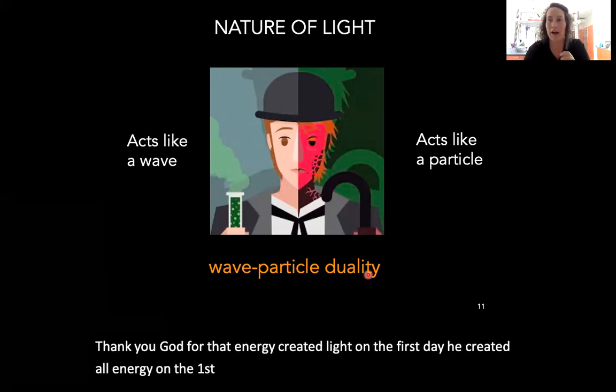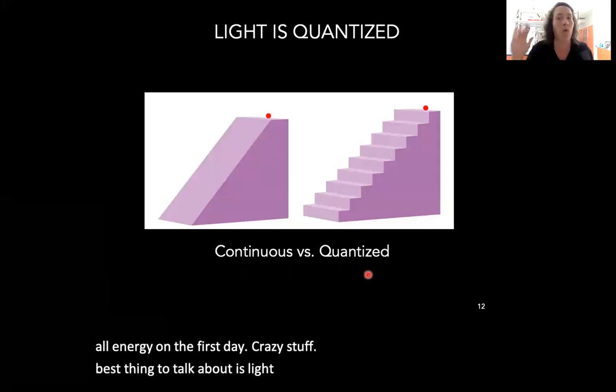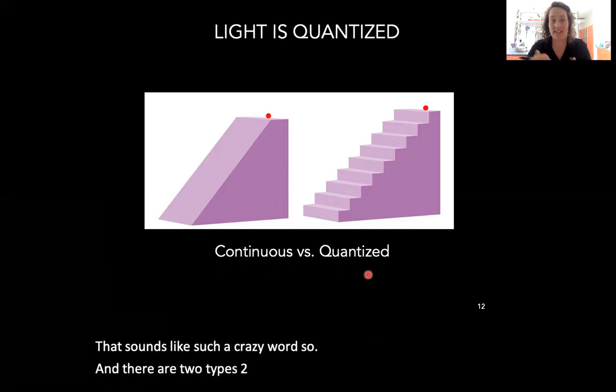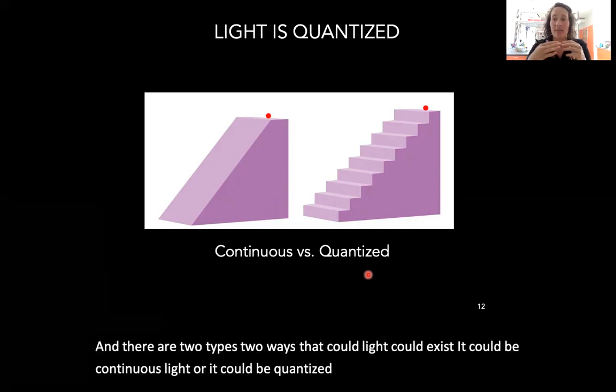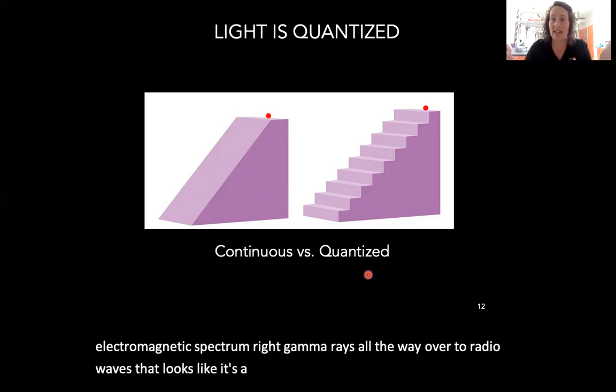Crazy stuff. All right, last thing to talk about is light is quantized. Whoa, what does that mean? That sounds like such a crazy word. There are two ways that light could exist. It could be continuous light or it could be quantized light. If we think about the electromagnetic spectrum, gamma rays all the way over to radio waves, that looks like a continuous spectrum of light.